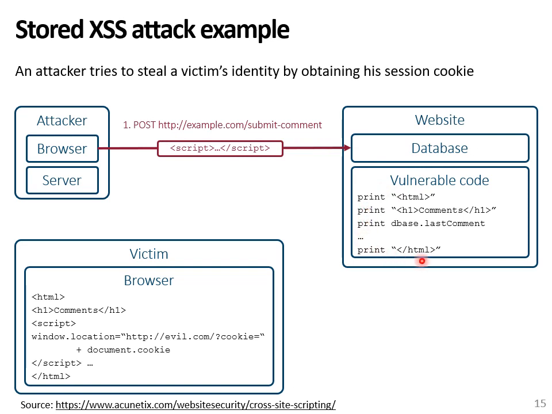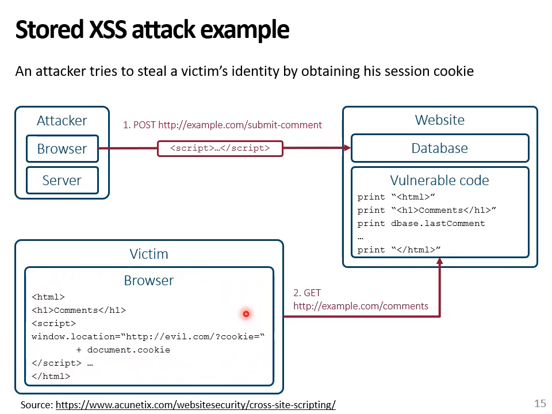For example, the vulnerable code could look like this, where the comment is retrieved from the database and just included into the output HTML without sanitizing or checking it. The victim will then request the set of comments and receive the output from the database, where in their browser the HTML will look something like this.